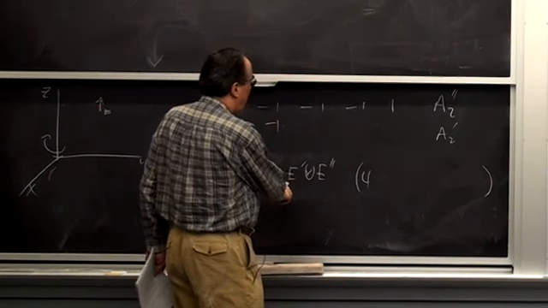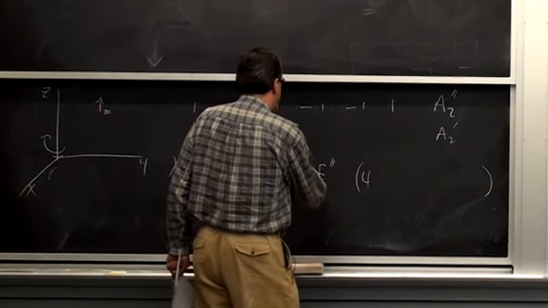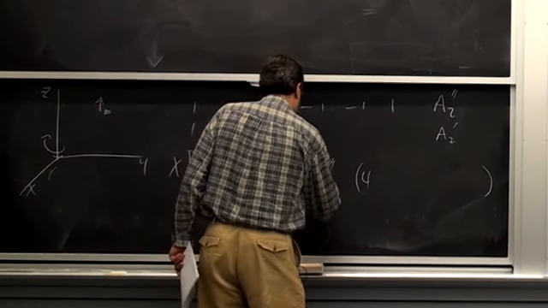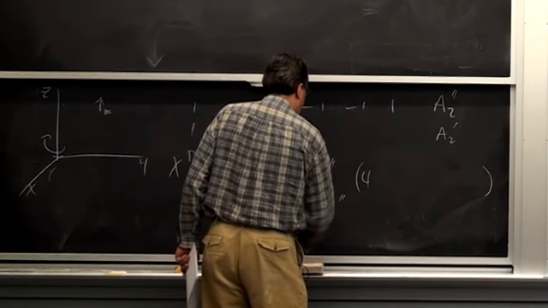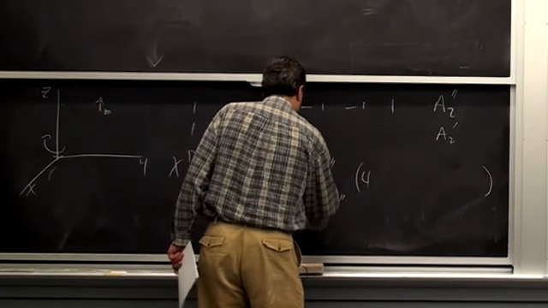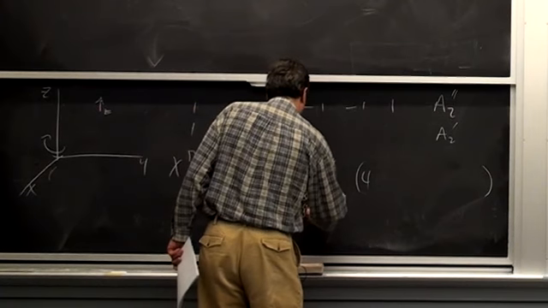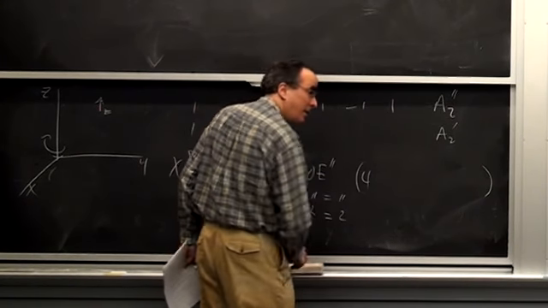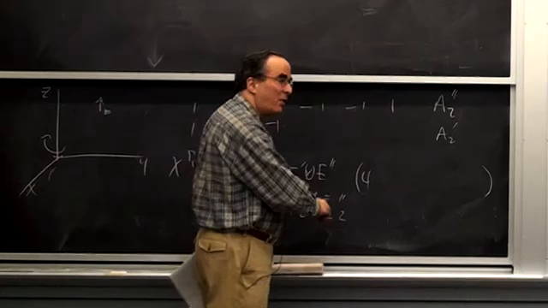And one of the things you know is that prime times double prime is double prime. And 1 times 2 is 2. And so there are a lot of things.